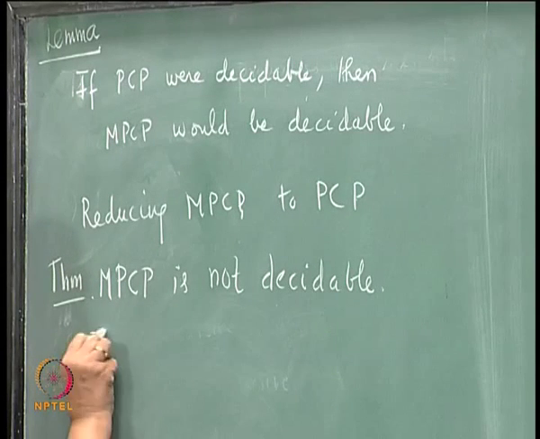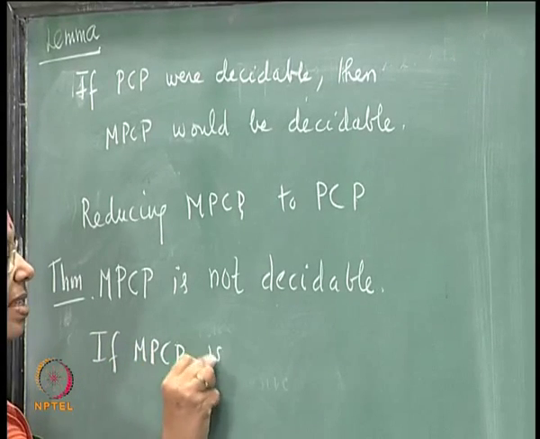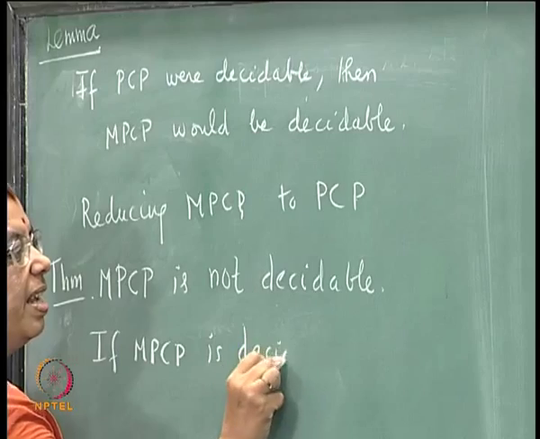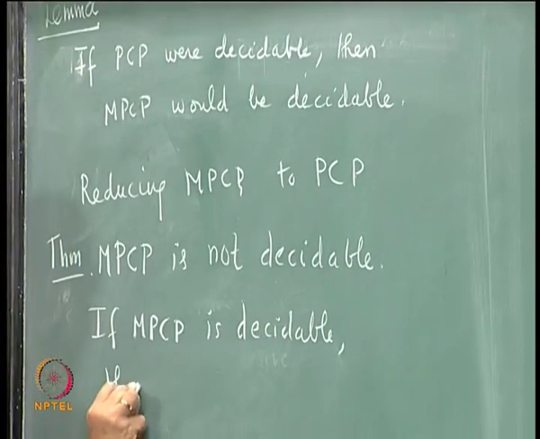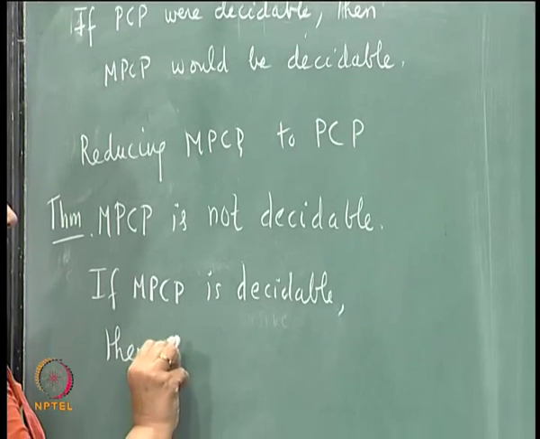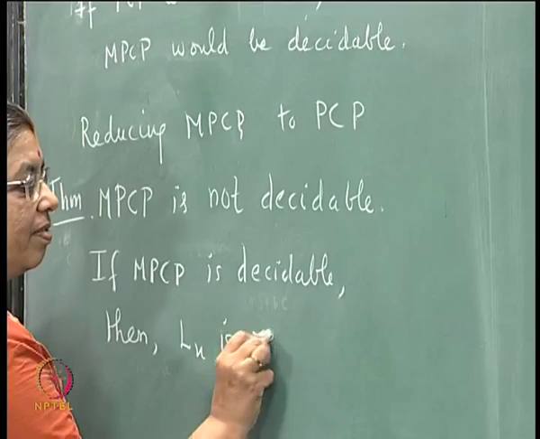Or you say that if MPCP is decidable, then L U is recursive.